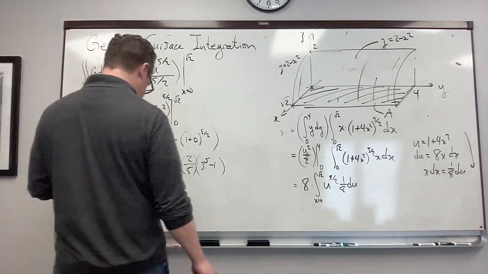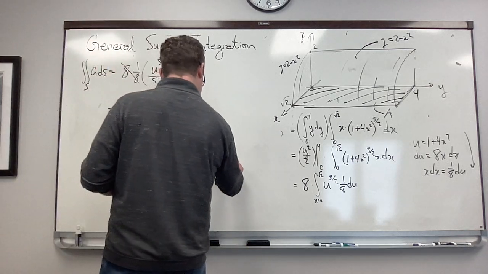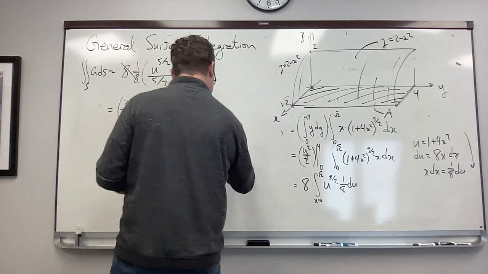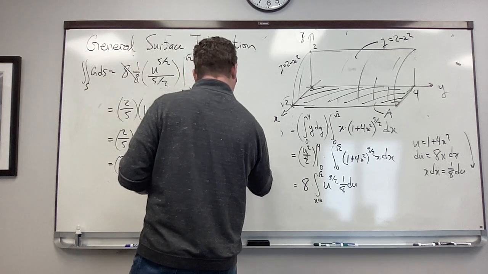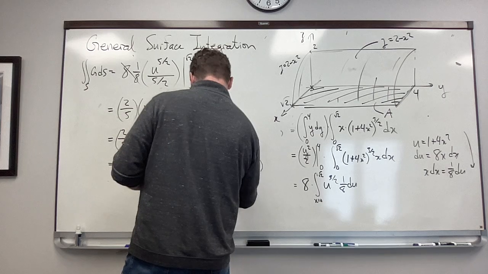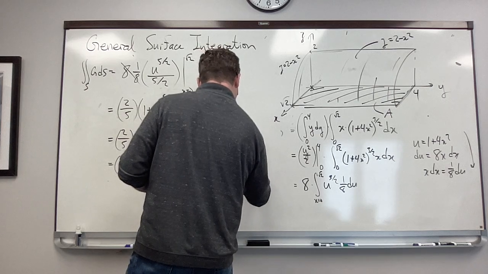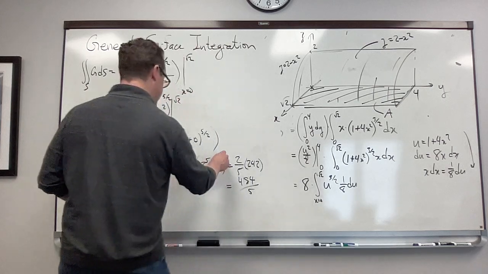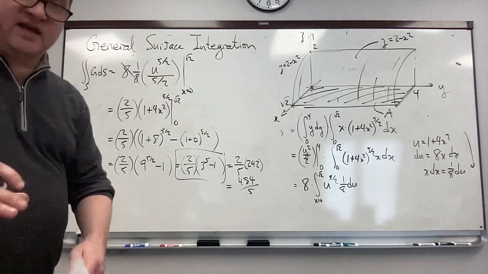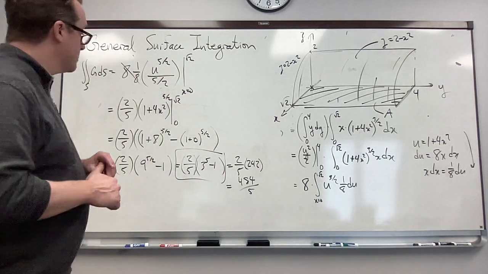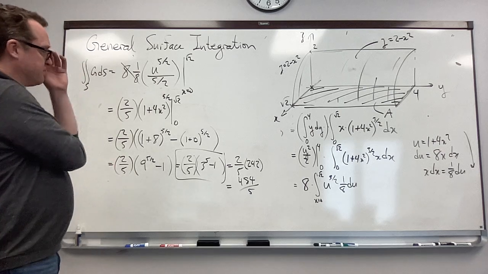You could leave it like that. I happen to have done this one, so this becomes actually 2 over 5 times what? 242. Okay, so 484 over 5. You can leave this. Here is all where you need to go, right? These become a little bit of a calculator thing once we've done them. Okay.